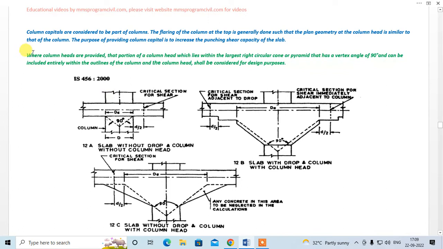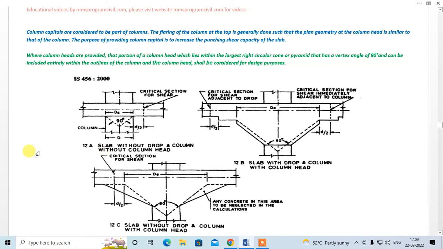Okay, where column heads are provided, that portion of the column head which lies within the largest right angle cone or pyramid that has a vertex angle of 90 degrees and can be included entirely within the outline of the column, and the column head shall be considered for the design purpose.